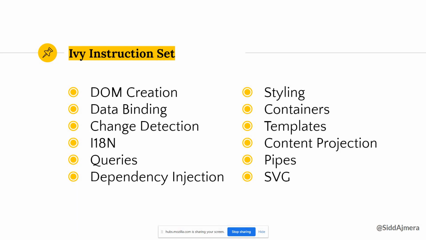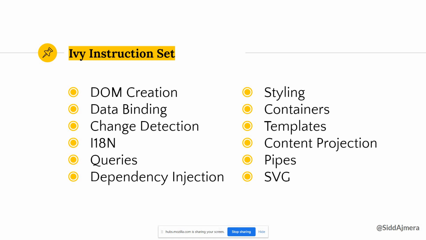And now the whole Angular framework itself is broken down into many of these smaller and more granular Ivy instruction sets. What this allows us to do is break the whole monolithic framework into smaller and more granular specific aspects of the framework itself.